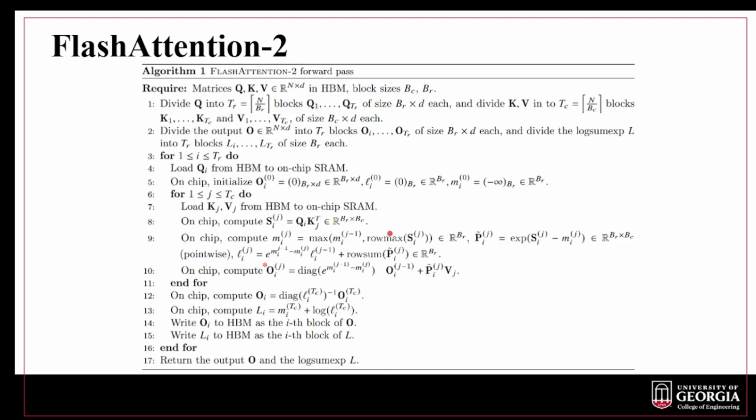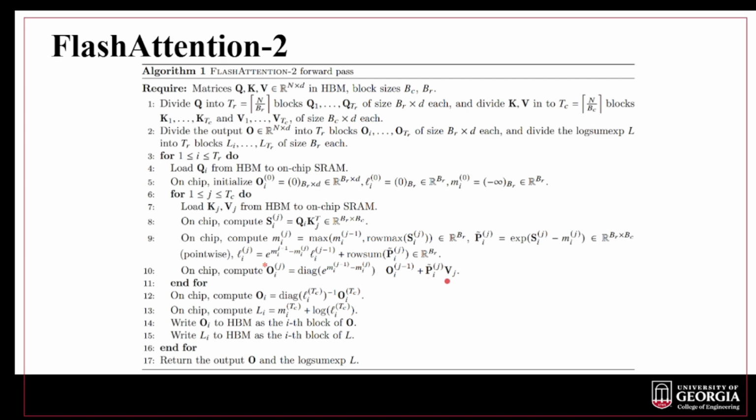Here is the pseudocode. Similarly, we divide them into blocks, but this time Q is the outer loop, and K and V are in the inner loop. This is to reduce I/O operations on HBM. And similarly, we compute M, S, L in the same way as before.